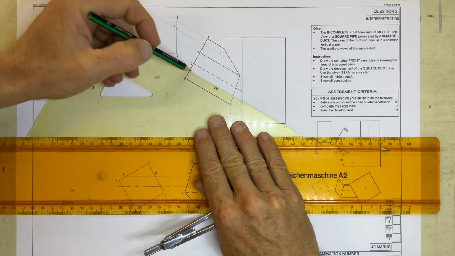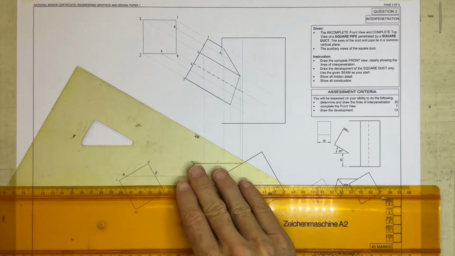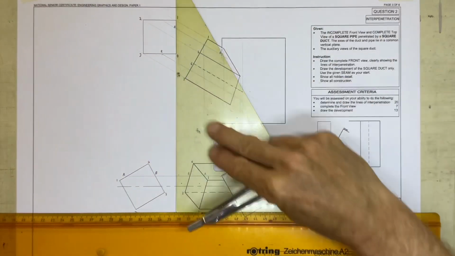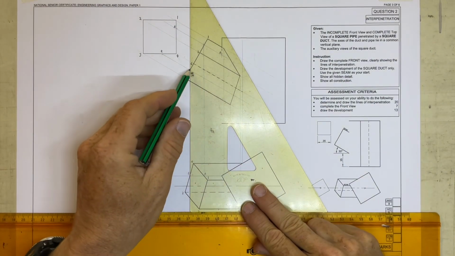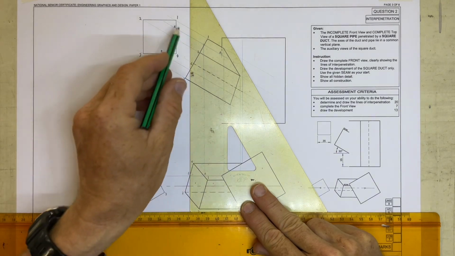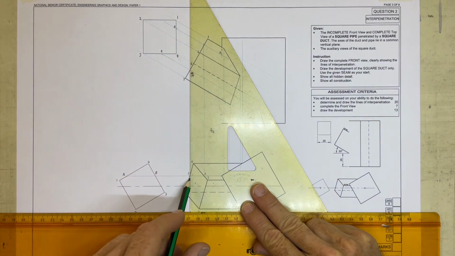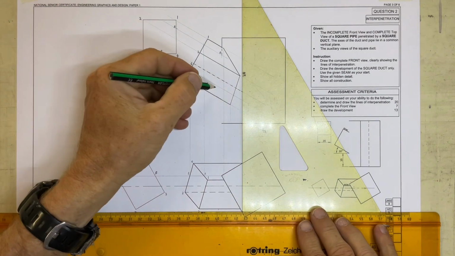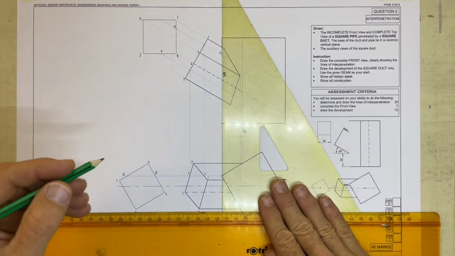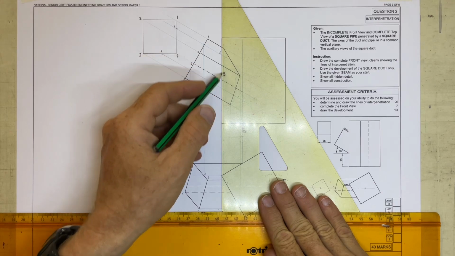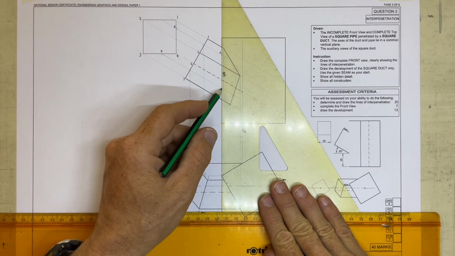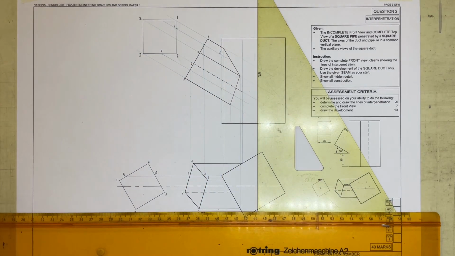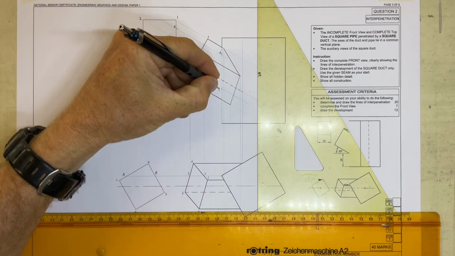Line coming down from B. And if you look at it, B will link up with that corner over there. So you don't need to go through that whole process, but it just does make a little bit of sense to just check yourself. So my B will be on that line over here. If I drop this down from that corner, my B is going to be at that corner over there.